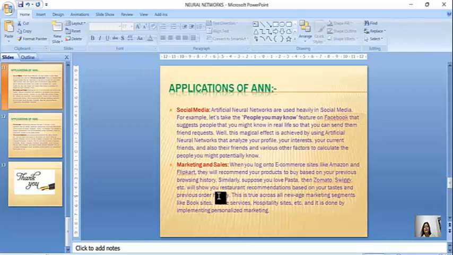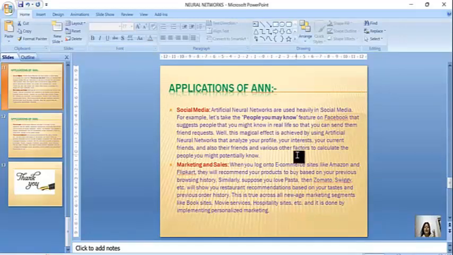Similarly, suppose you like to have pasta and you often open Zomato and Swiggy to order pasta. They will recommend the restaurants, the plates that are easily available, and the discounts, all from your previous history. This is happening because of this algorithm, which is called ANN.